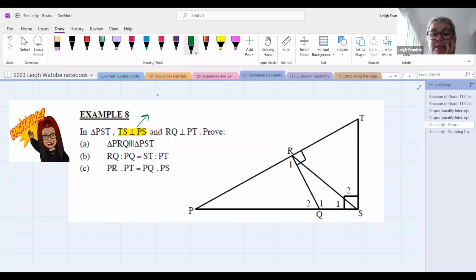So if they tell us that TS is perpendicular to PS, what does that mean? There we go, Nolwazi, very nice. Yes. So they are telling us the angle at S is equal to 90. Very good. Similarly, if they tell us that RQ is perpendicular to PT, what do they mean by that?